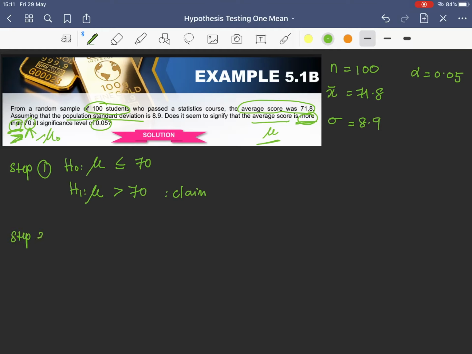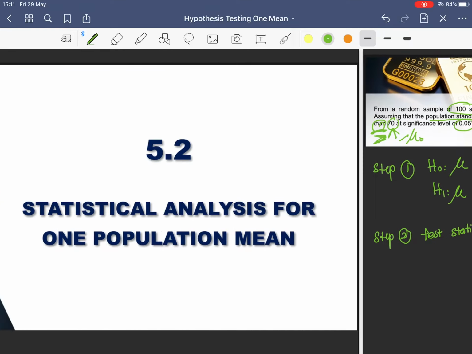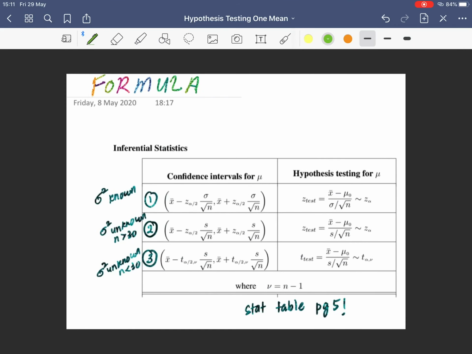Okay, step number 2, your test statistic. Look at the formula. You have n is 100, sigma is known. Sigma square is known. So use this formula.